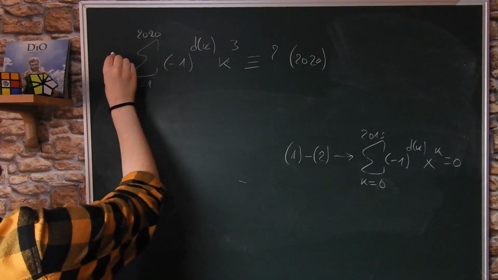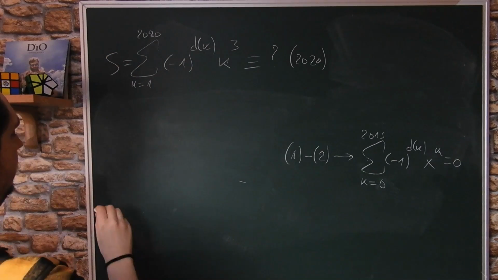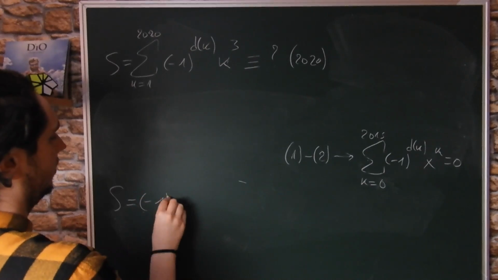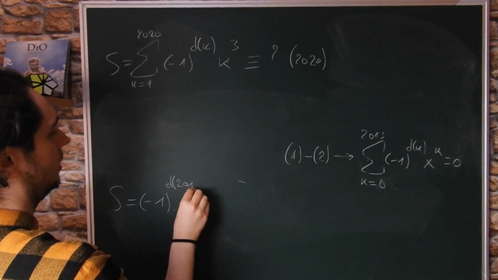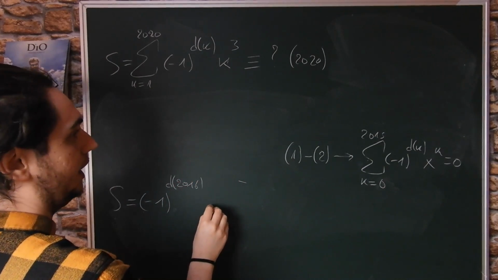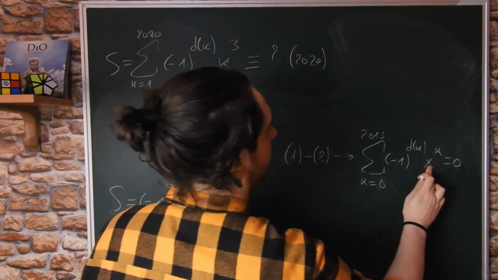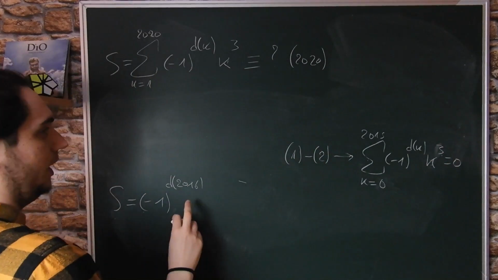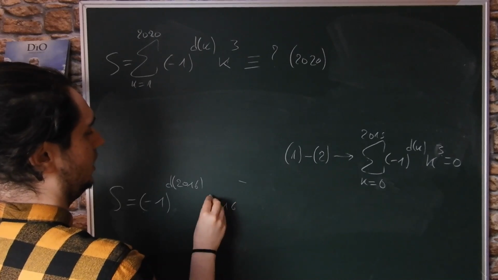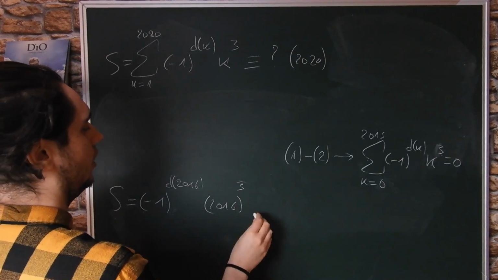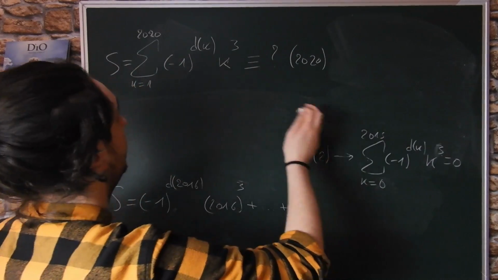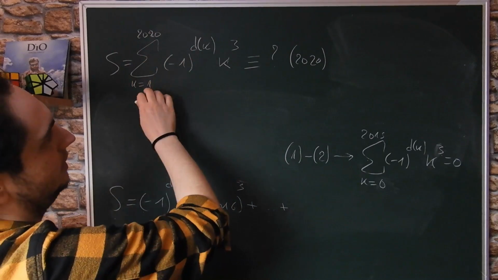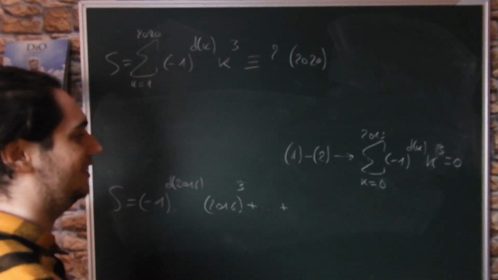And now we have that our S, let me call it S, is exactly minus 1 to the d of 2016 times, in this case, k to the cube, of 2016 cubed, up to the term with k equals 2019, because 2020 is already 0 modulo 2020.